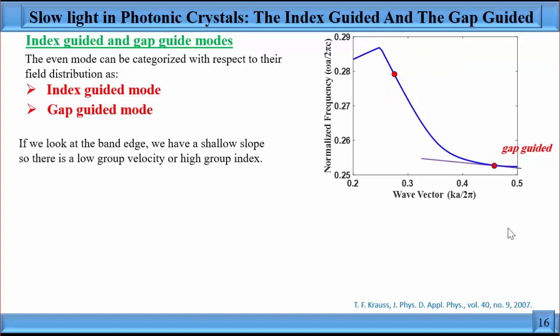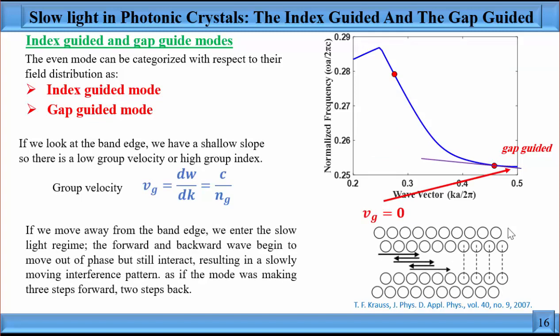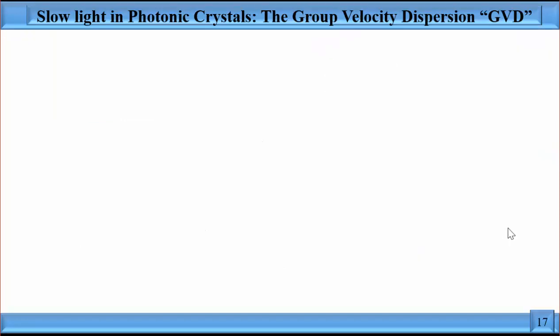If we look at the band edge, we have a shallow slope, so there is a low group velocity or high group index. If we move away from the band edge, we enter the slow light regime, where the forward and backward traveling components begin to move out of phase but still interact, resulting in a slowly moving interference pattern. It is as if the mode was making 3 steps forward, 2 steps back.